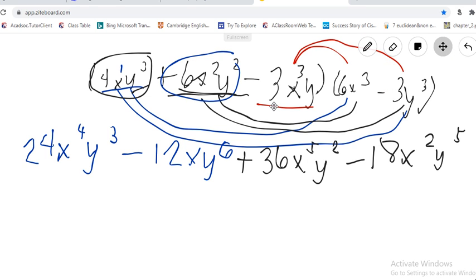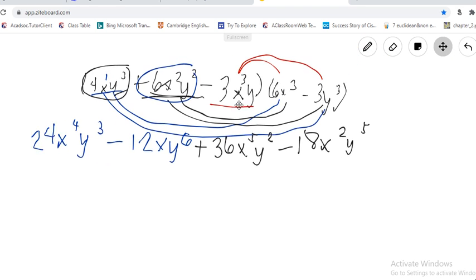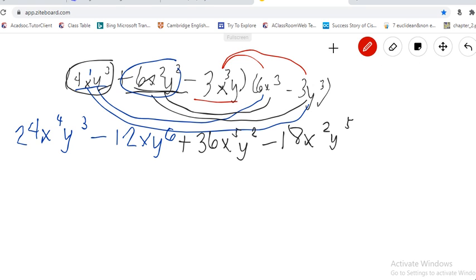Okay, let me just make it small again and then move it here. Okay, so third term now. This one is negative, so be careful. So negative 3x cubed y multiplied to 6x cubed, that will give us negative 18x raised to 6y. And then second term in here.